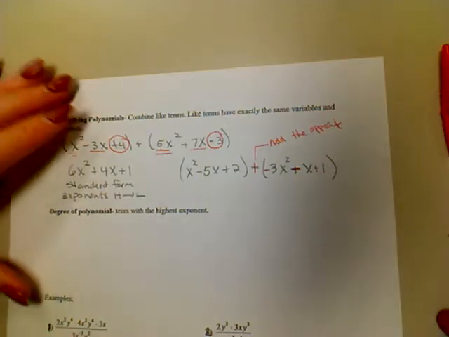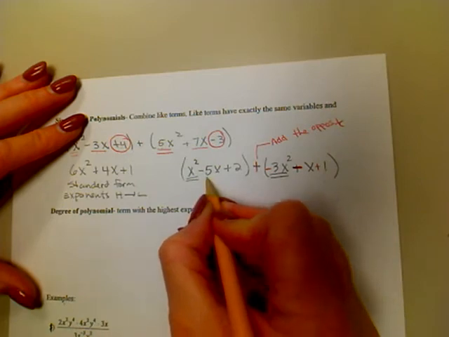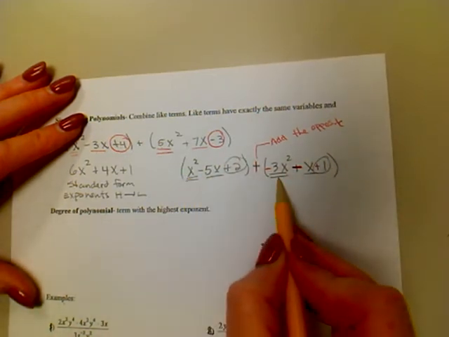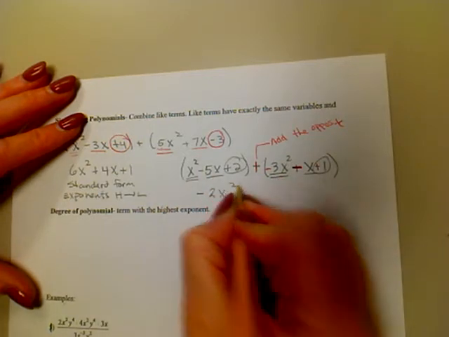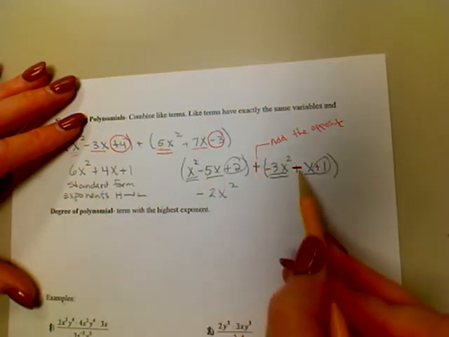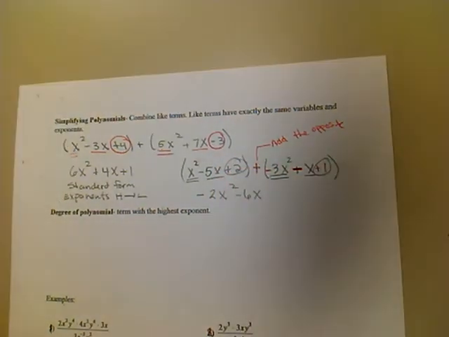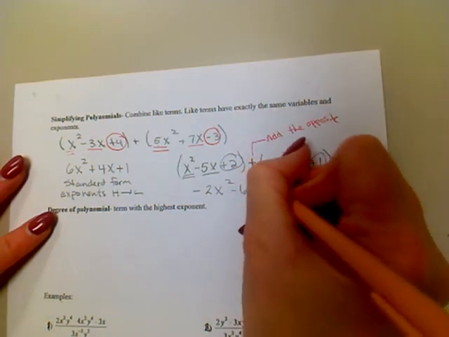And now we just combine like terms. So x squared minus 3x squared is negative 2x squared. Negative 5x minus 1x is negative 6x. And 2 plus 1 is positive 3.